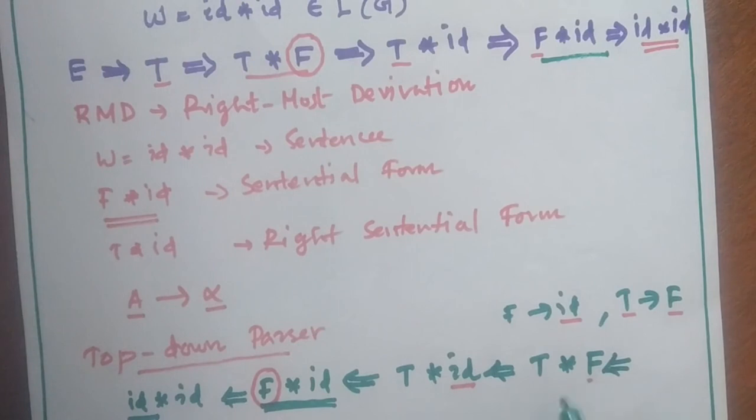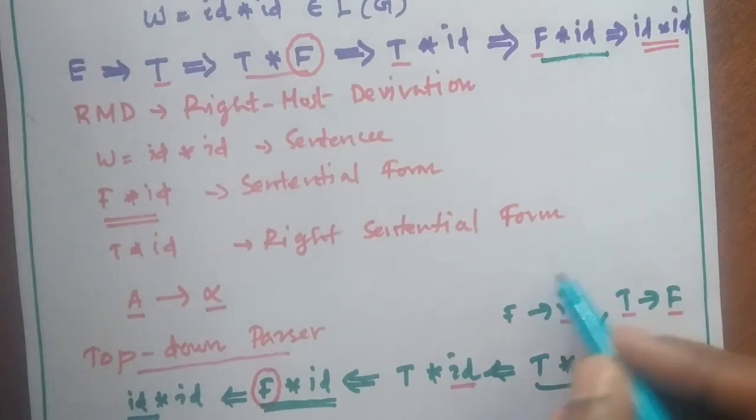Next it identifies this substring of the right sentential form, which is the body of a production.